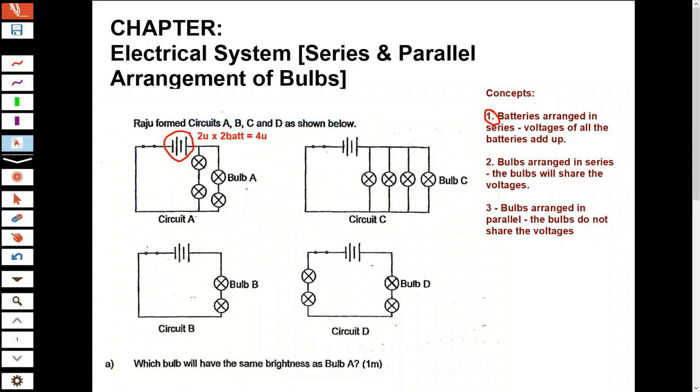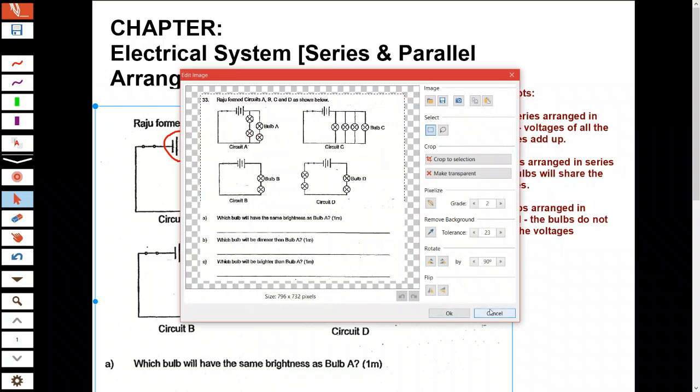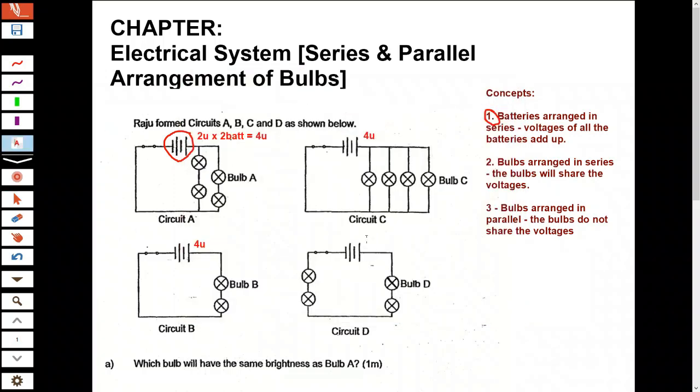Okay, so there's a total of 4 units of electric current flowing through circuit A, and if you observe circuits B, C and D, they also have the same number of batteries and all the batteries are arranged in the same way, which means there will be 4 units of electric current flowing through B, a total of 4 units for C, and a total of 4 units for circuit D as well.